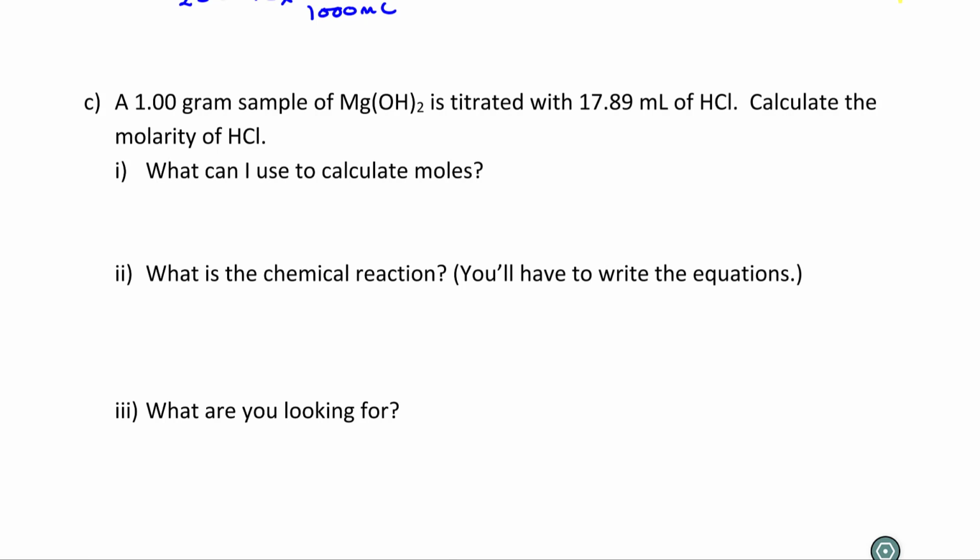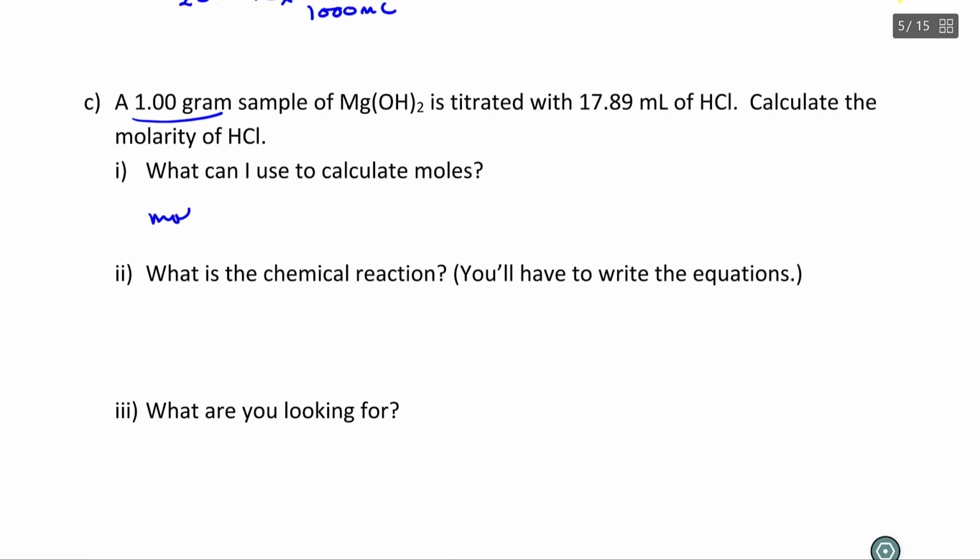So what can you calculate the moles of, right? In this problem, I have grams, and I don't have a molarity and a volume, because I have a volume and a molarity that I'm looking for, but I don't have both, so I can't calculate moles from that. So I can calculate moles from 1.00 grams of MgOH2.